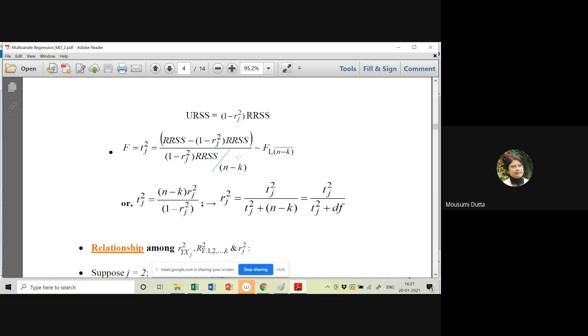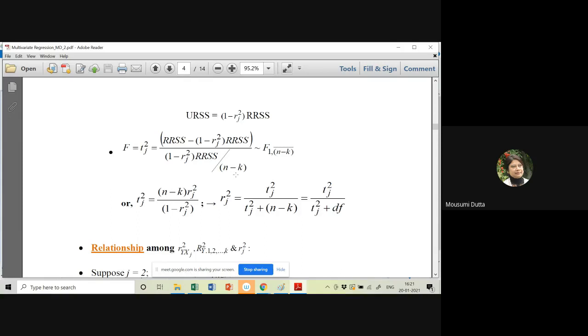The general formula, which we will discuss in hypothesis testing, is (RRSS minus URSS) divided by the number of restrictions, divided by URSS, or (1 minus Rj square) into RRSS divided by degrees of freedom. For URSS, the degrees of freedom is n minus k.